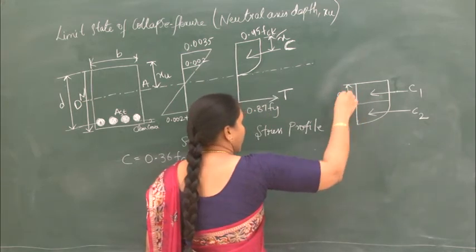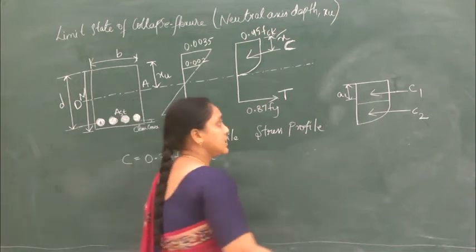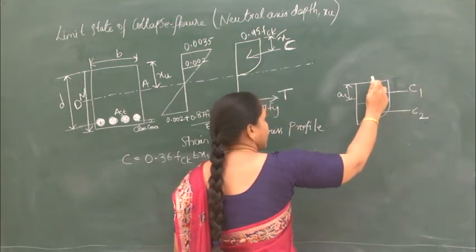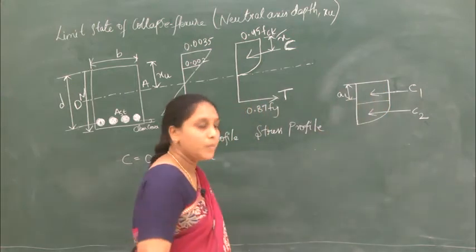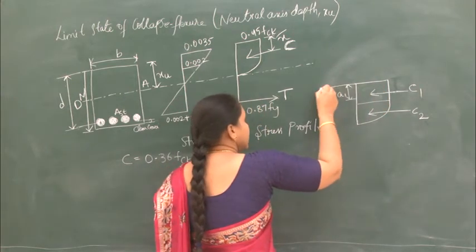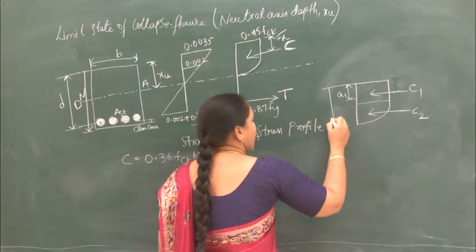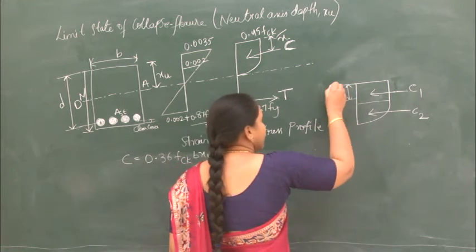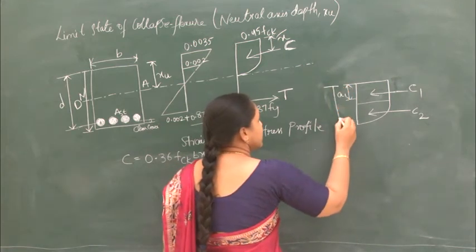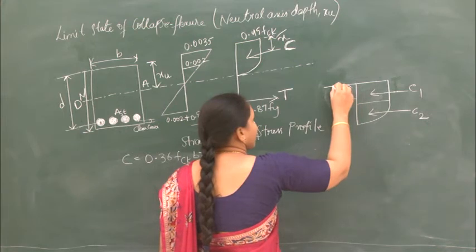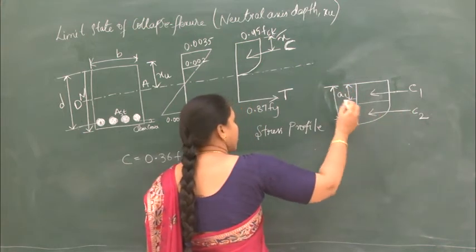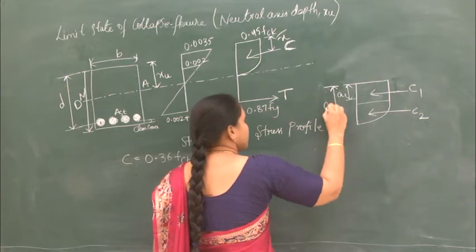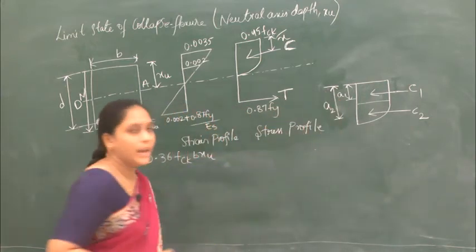Let the distance of the compressive force C1 from the topmost compression fiber be A1, and let the distance of the compressive force C2 from the topmost compression fiber be A2.